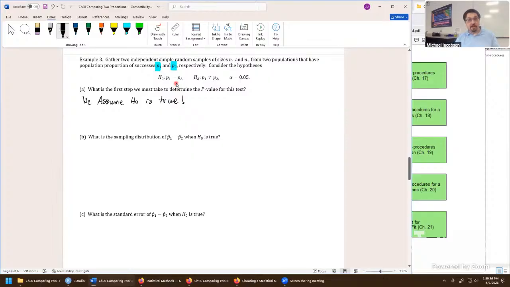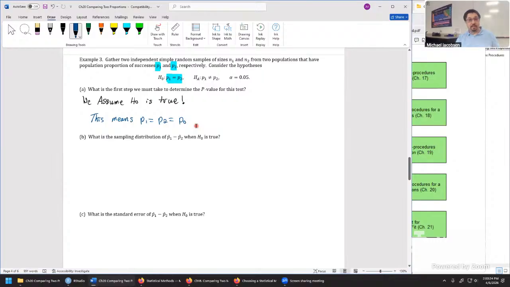If you assume the null hypothesis is true, you assume that P1 really is exactly equal to P2, no difference in the population. So let's make that statement here. This means P1, in fact, equals P2. I will give it a new symbol. It's some common value we'll call P naught, 0 here to mention from the null hypothesis.